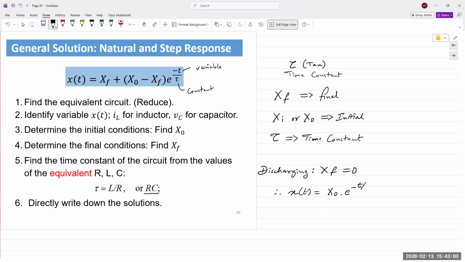Compare it to the first two expressions we found. It's exactly the same. You have a stored energy in a component, and it's slowly being discharged.